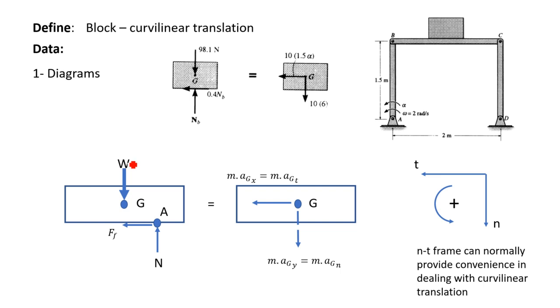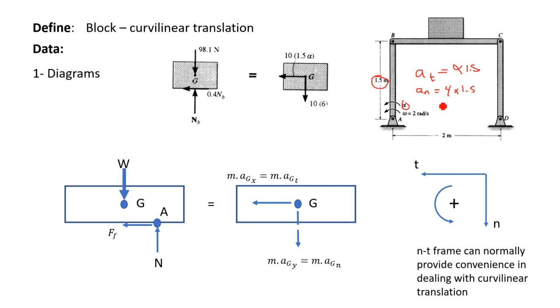Now, knowing that alpha is unknown, I can say that the tangential acceleration is equal to alpha multiplied by the length of 1.5. The normal acceleration is equal to omega squared, which is 4, multiplied by 1.5.